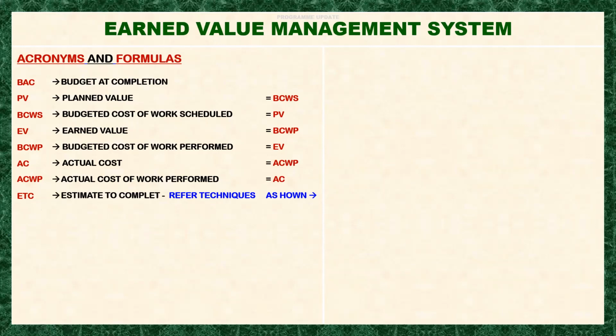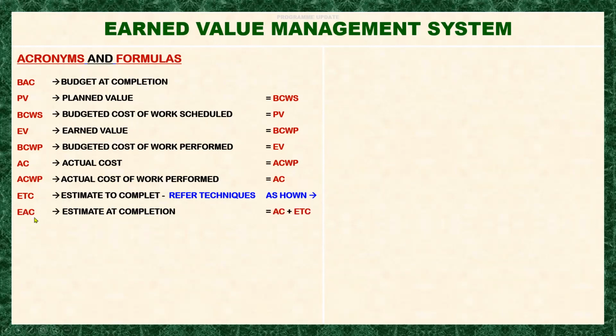Estimate to complete; the techniques will be shown here at the right pane later. That's why I put the arrow here, so that you will be expecting that there is something at the right side of our window. Estimate to complete is one of the important subjects in the earned value management system, on how the estimate at completion will be derived.